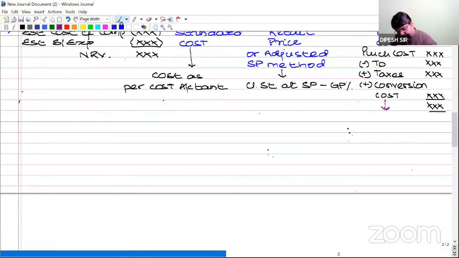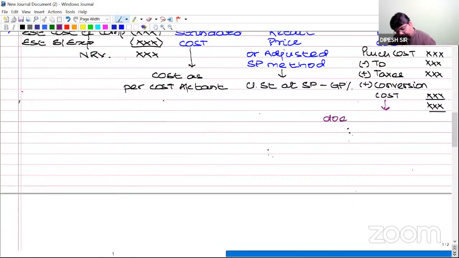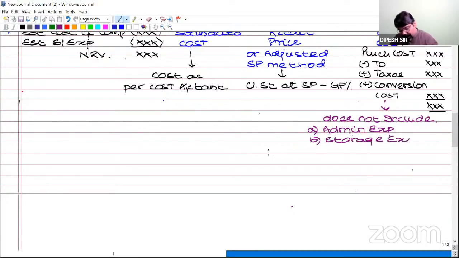Conversion cost does not include admin expense, storage expense, any abnormal loss of goods, any finance or interest cost. Storage expense means godown expenses.